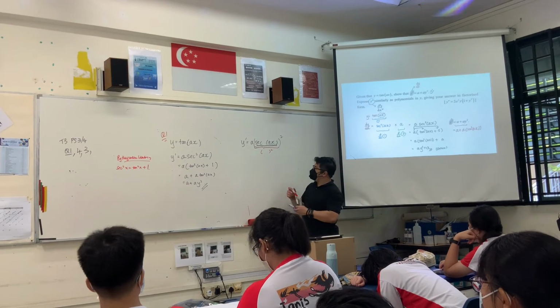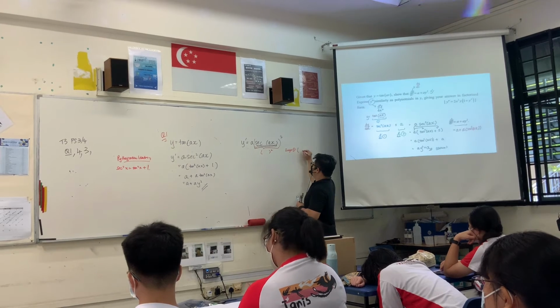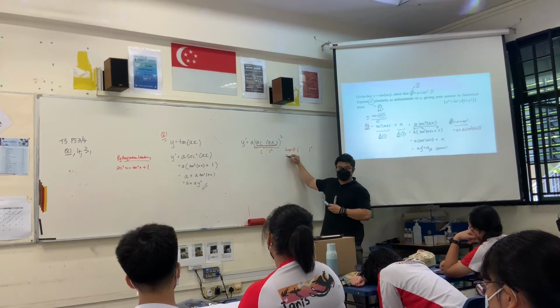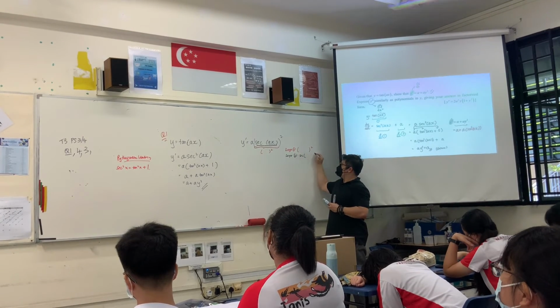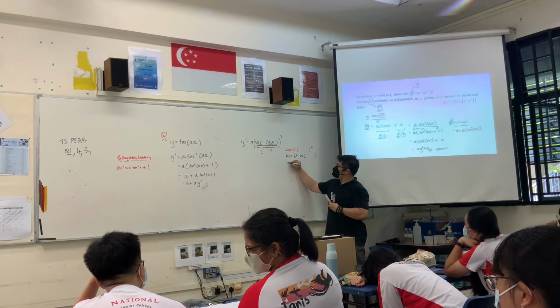So layer 1 is something to the power of 2. Layer 2 is secant. Layer 3 is ax.